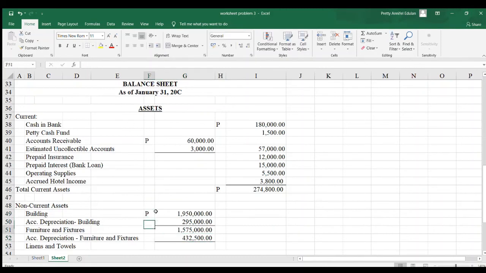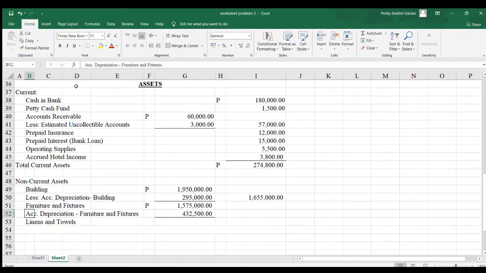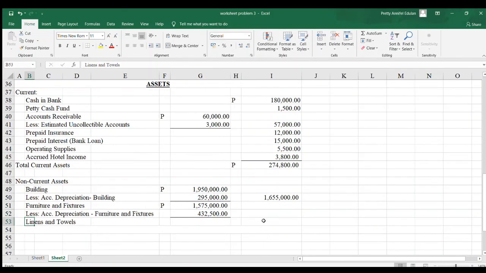So, let's assign for each group. The answer to the first group is here. So, it's deduction. So there should be the word less here. Please, don't just guess. Also here, I forgot to tell you, there must also be the word less. That is the purpose of making another column for the computation. We have a peso sign here because when you add it, there is one line there.